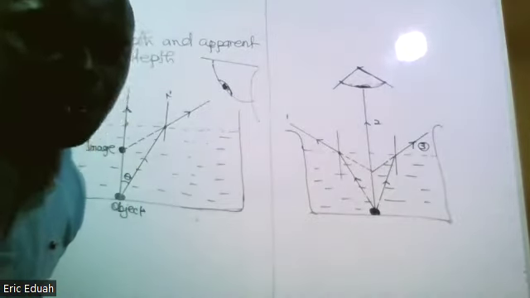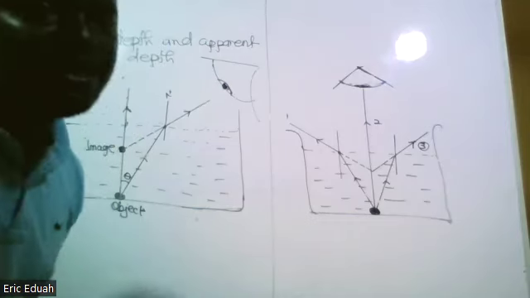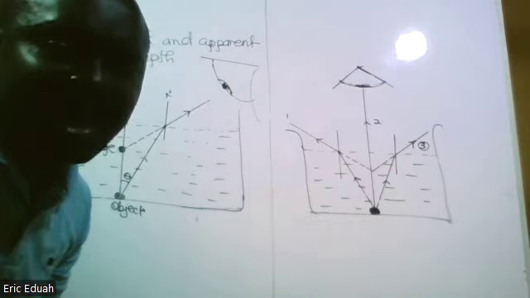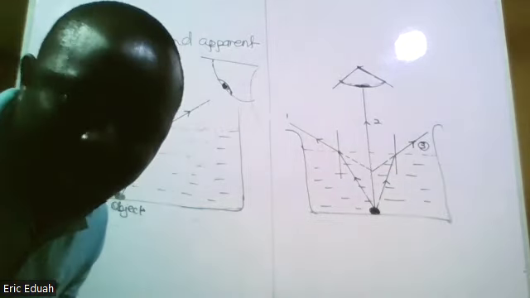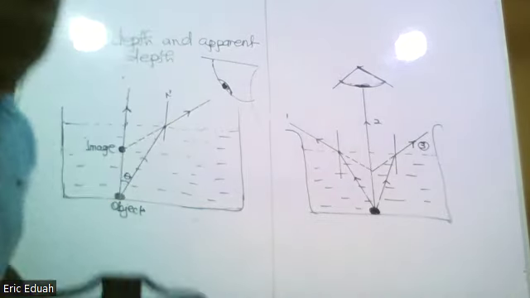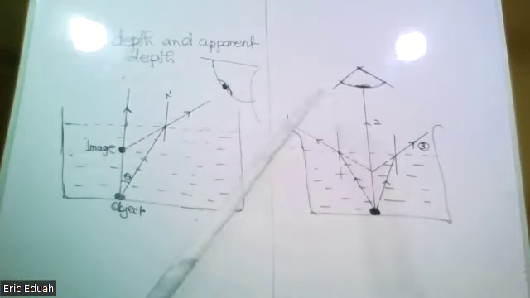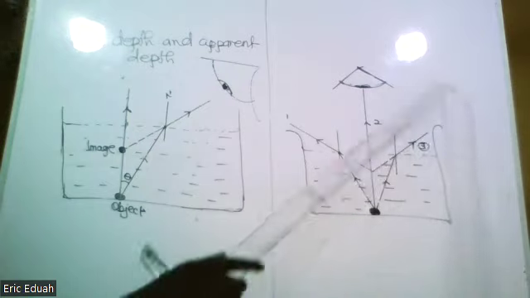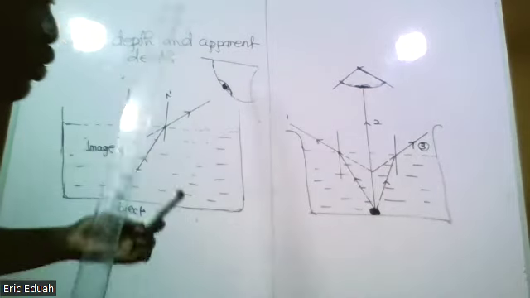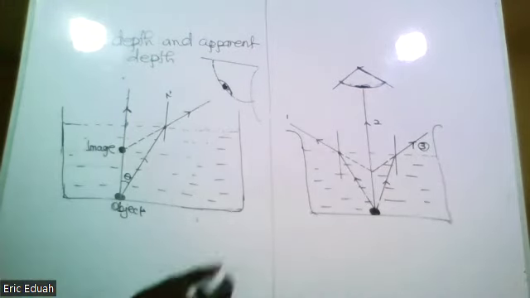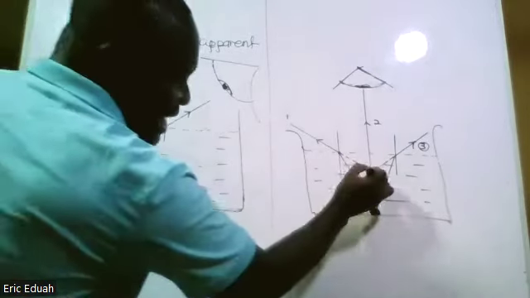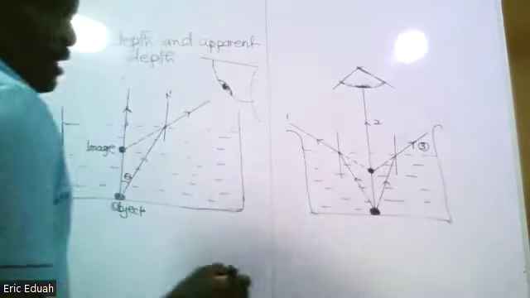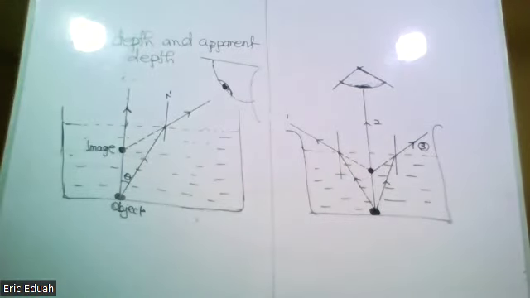An image will be formed when two or more refracted rays actually meet or appear to meet. If we look at 1, 2, 3, there's no way they will ever meet up here. And so we have to retrace their path. Where they appear to meet would be the point where the image will be formed.